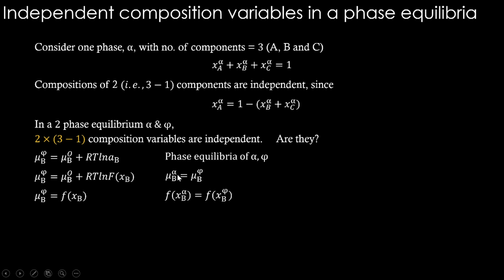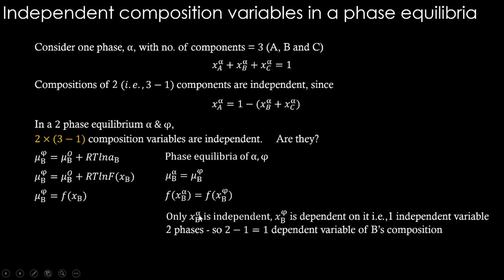Then XB in phi will change accordingly, right? So XB in phi is dependent on XB alpha. It is not independent. Only XB alpha is independent, XB phi is dependent on it. That is, one independent variable is enough to define the composition of one element, let's say B, in 2 phases. If you define XB in only one phase, that is good enough.